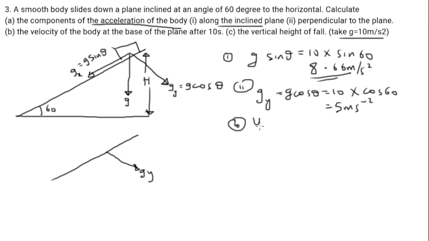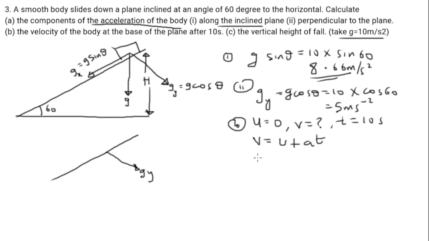Now the b part, the velocity of the body at the base of the plane. Notice that when an object slides down from an inclined plane, its initial velocity will be 0. So to find the final velocity after a time of 10 seconds, v is equal to u plus at, where u is the initial velocity and v is the final velocity. a is the acceleration at which the object falls along the inclined plane.